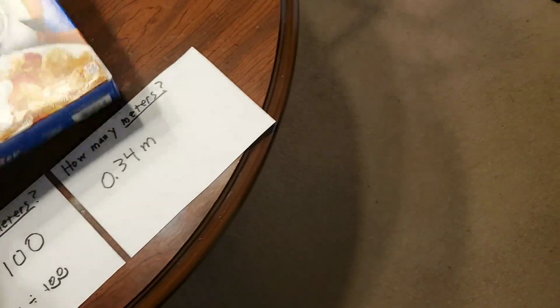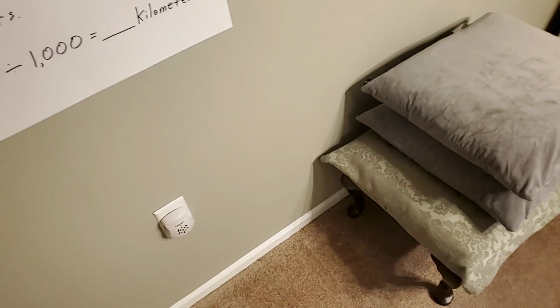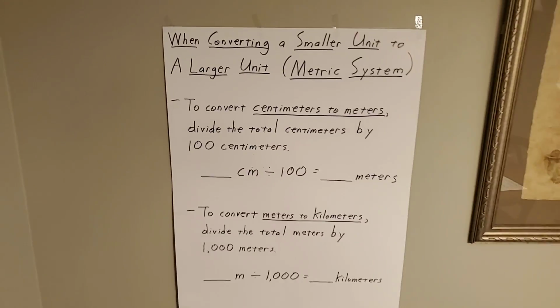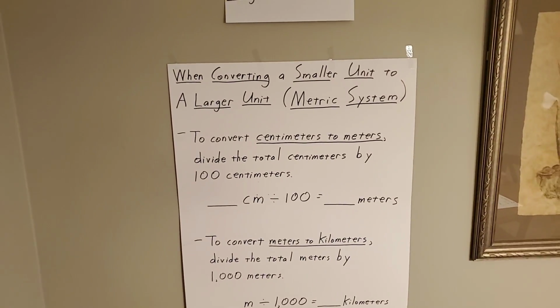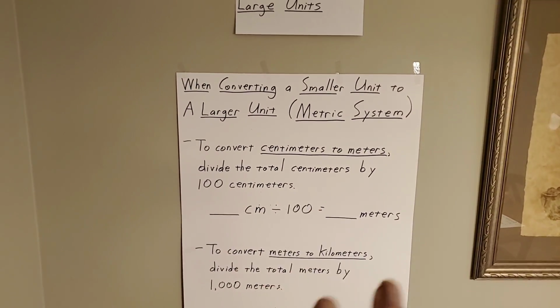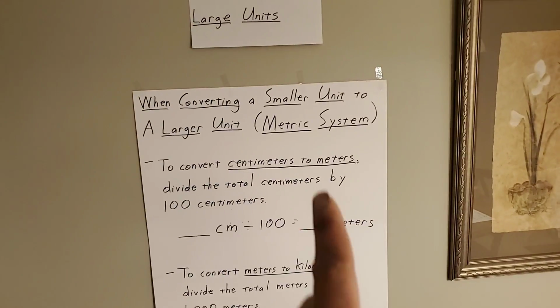Okay, so let's move this out of the way. Here is what we are going to do. You are going to need this for your assignment for today. Now, for our cheat sheet to help us understand converting a smaller unit to a larger unit, this is similar to our last lesson, but this time it's from the metric system.